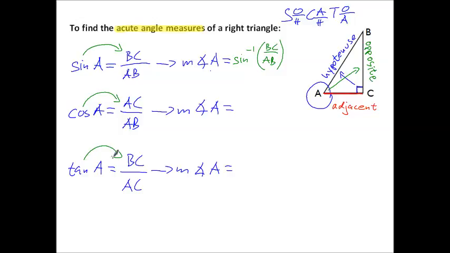So the measurement of A is also the inverse cosine of AC over AB, or the inverse tangent of BC over AC.